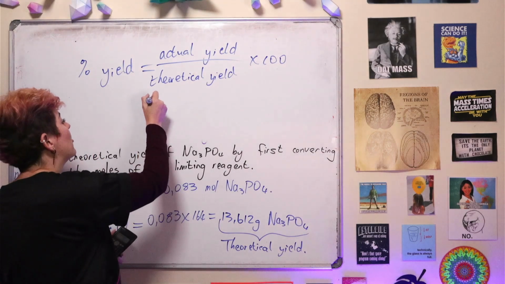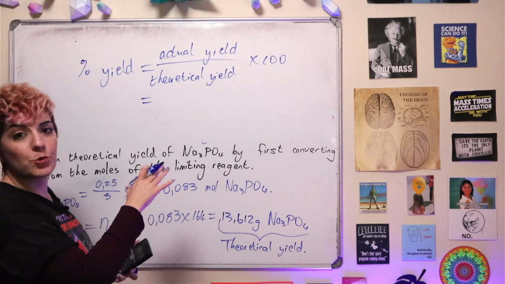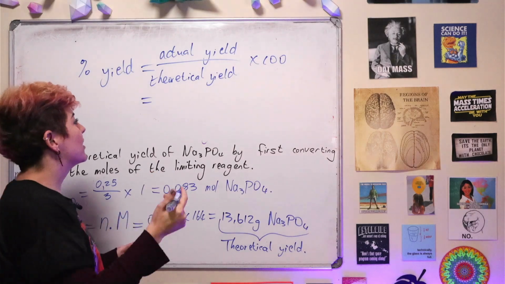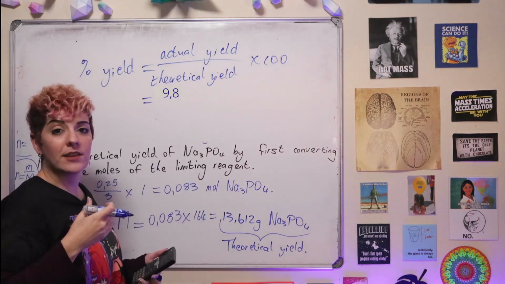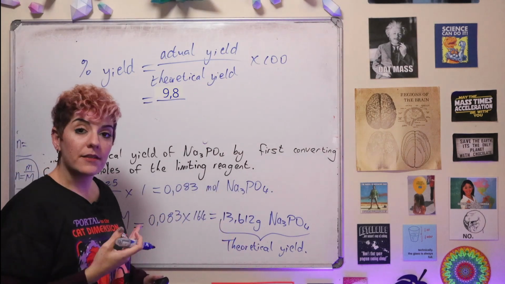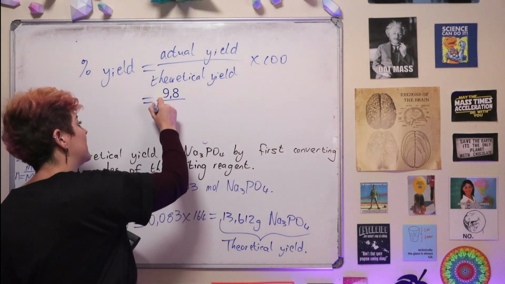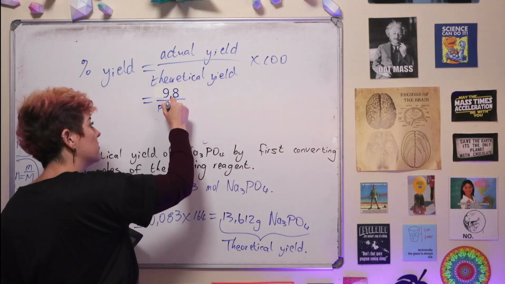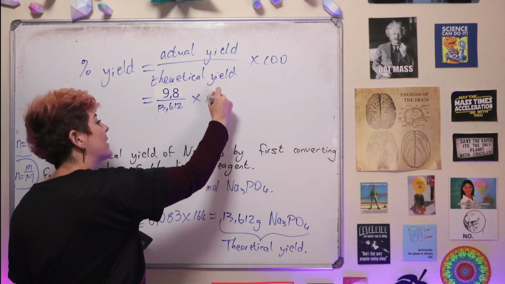Now, remember our actual yield that we had written previously, I erased it now. It was 9,8 grams as given in the question, divided by our theoretical yield that we just calculated, 13,612. And then you're going to times that by 100.